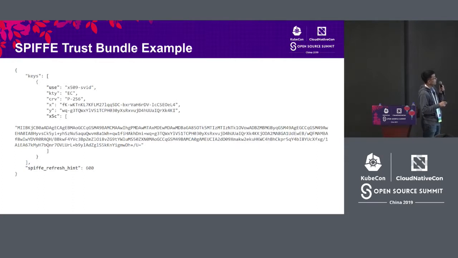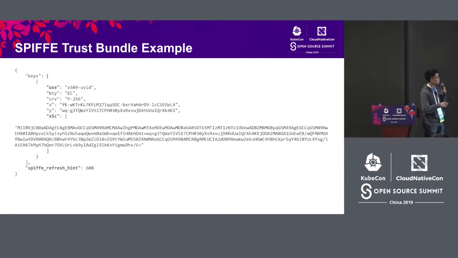The key type and those 4 fields are redundant here. They are more useful for JWT type trust bundles. So one thing to note here is the SPIFFE trust bundle not only serves for the X509 certificate, but it also serves for setting up the trust for JWT tokens.